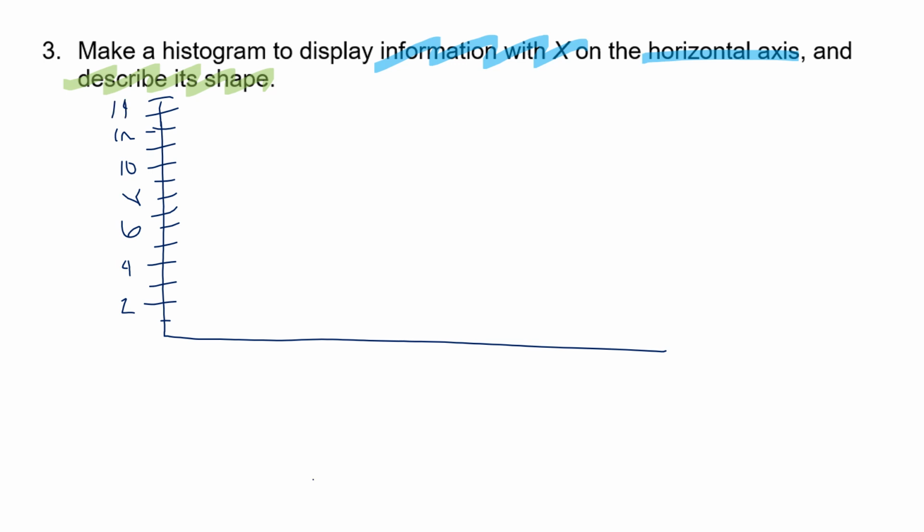And then we'll have number of children. So 1, 2, 3, 4, 5, 6. So I have number of children in the house.